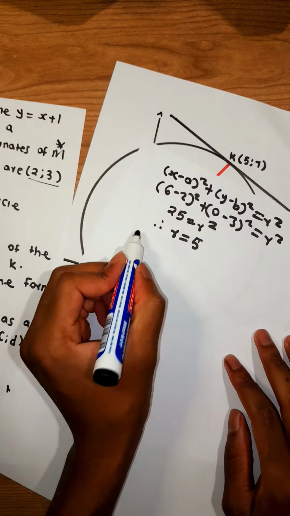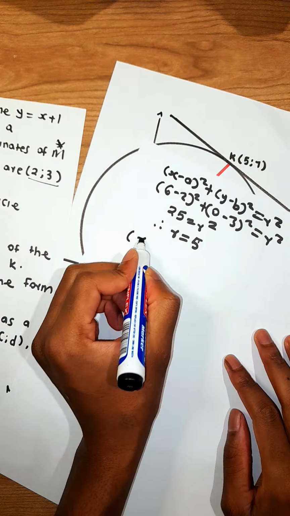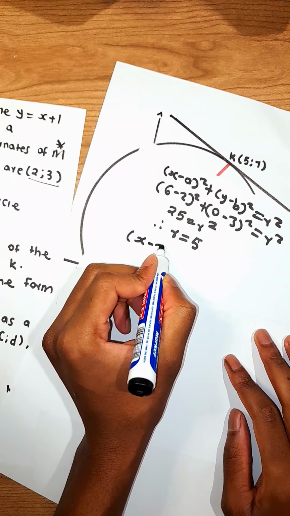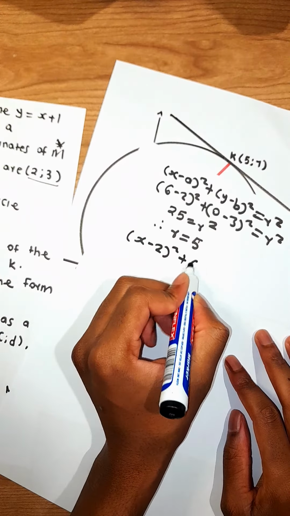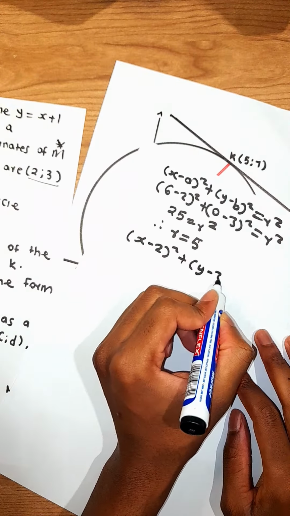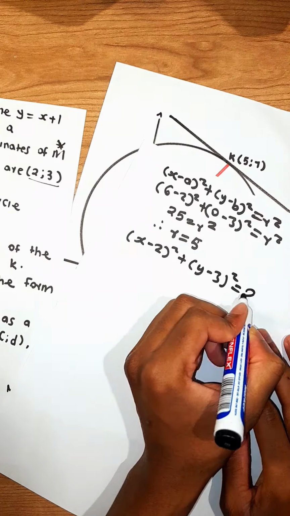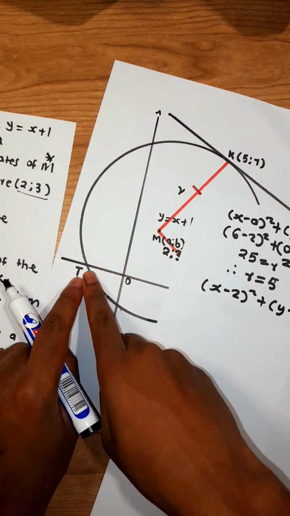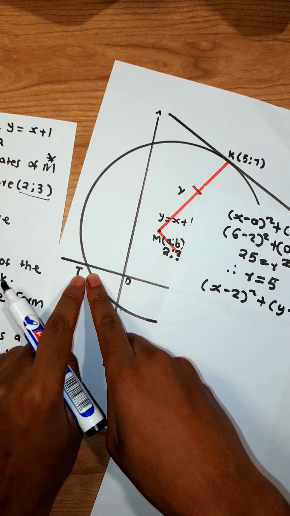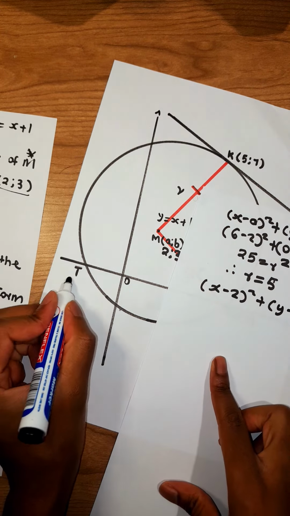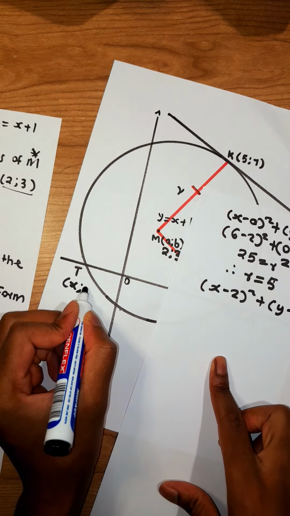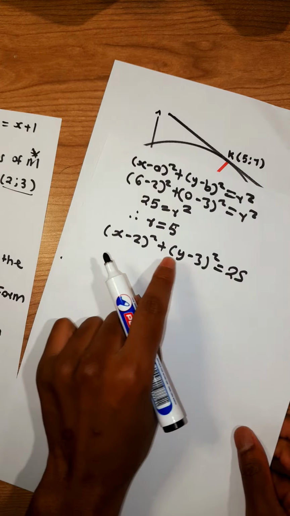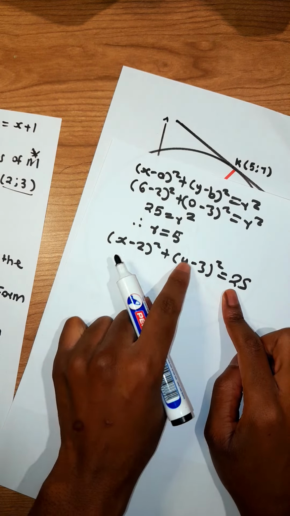If the equation of the circle is given by x minus 2 squared plus y minus 3 squared equals 25, I just need to find the points where y equals 0, because we know that it's going to have a value of x and the y of 0. So I'm just going to come to this expression, and wherever there is y, I'm just going to put 0.